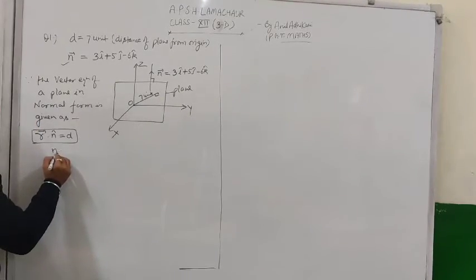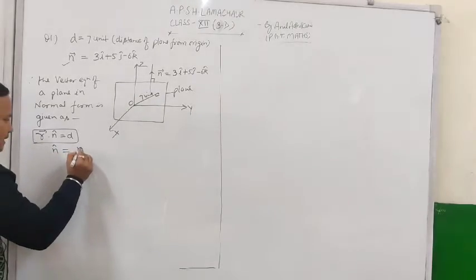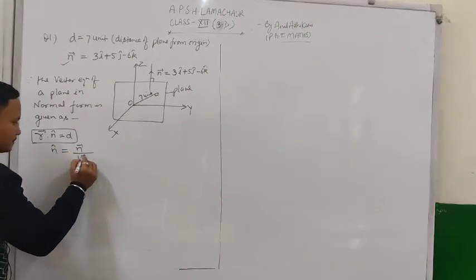For finding the normal unit vector, we have to divide the n vector by its magnitude.